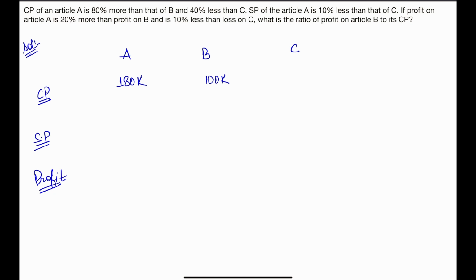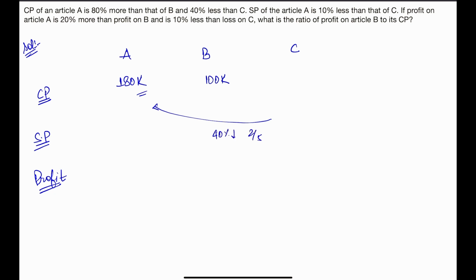CP of article A is 80% more than B and 40% less than C. I think because it is a comparison, the comparison started from A. So if my A is 40% less than C, with comparison 40% less, 2 by 5 less.